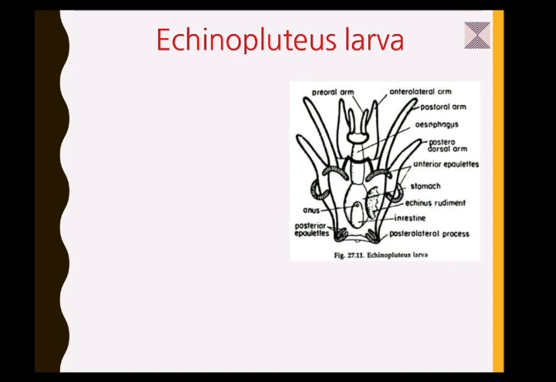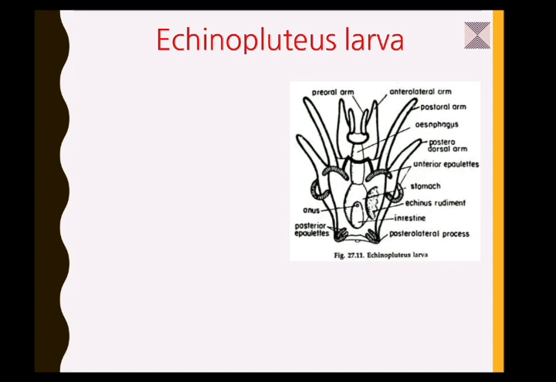These arms are quite stiff, and they are anchored by some kinds of calcareous rods. These calcareous rods are made up of calcium carbonate. When this larval form is swimming, these arms should be kept stiff, and that is with the help of the calcareous rods present in these arms.